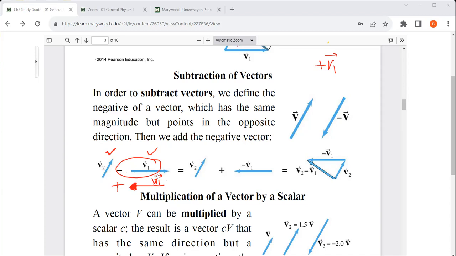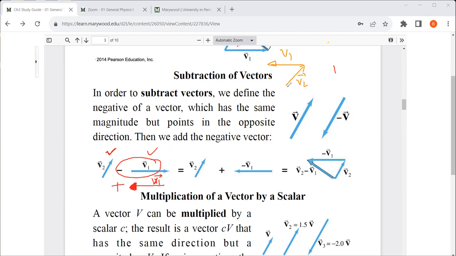Now we have a vector here, that is v2, and v1's direction is this. We add this together: this is v2 and this is v1.